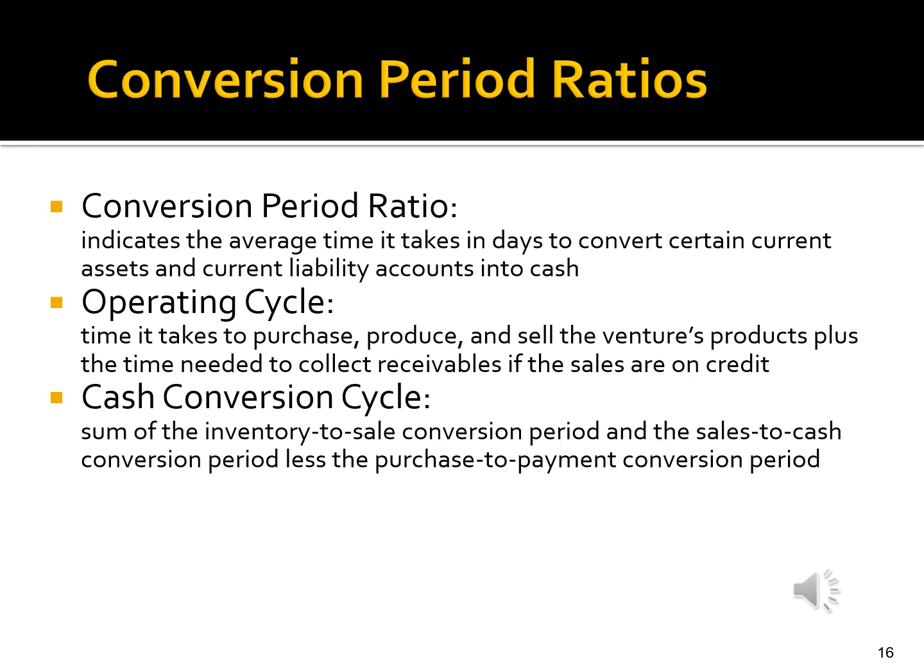The cash conversion cycle is the sum of the inventory to sale conversion period and the sales to cash conversion period, less the purchase to payment conversion period. If we go back to the cycle, the cash conversion cycle is basically the cycle to convert to cash.